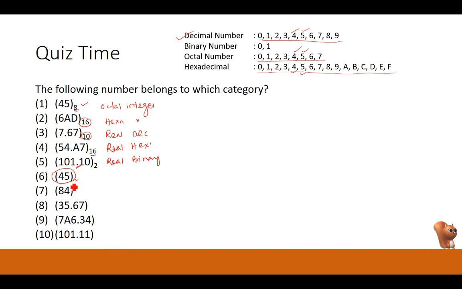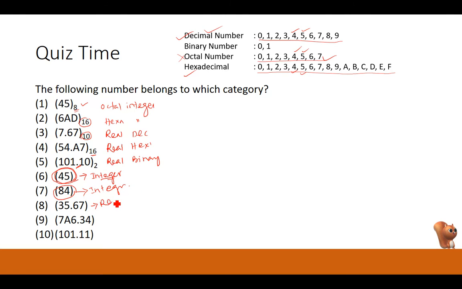So we cannot say which base it belongs to, but it is surely an integer number because there are no decimal places. But in this case, 84 cannot be octal because 8 is not there. It cannot be octal, but it can be a decimal number or a hexadecimal number. But it is an integer.